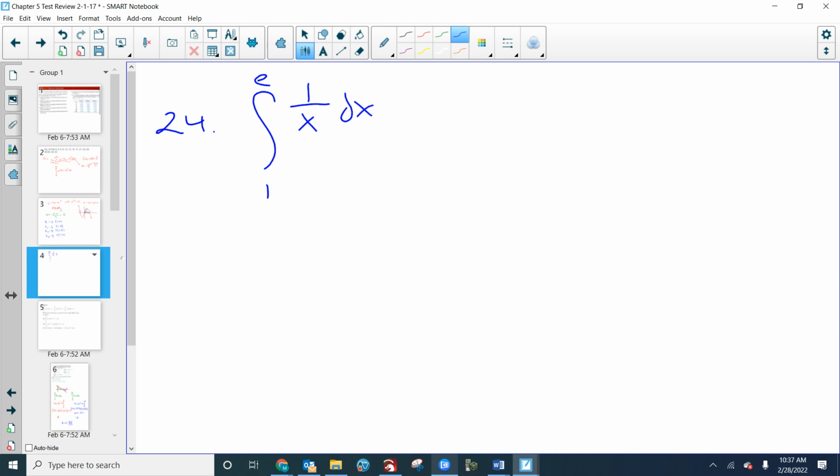Yeah. All right, let's help her out. Anytime you're looking for an antiderivative, you're asking whose derivative is 1 over x. Do I know it? What is it? ln. It's actually absolute value x plus a constant from 1 to e.